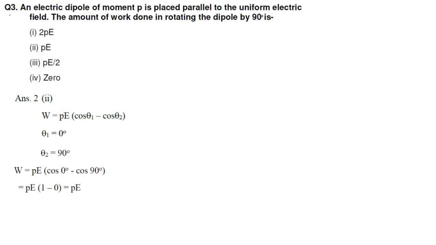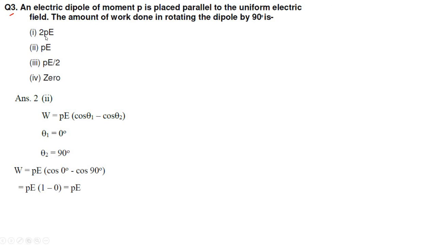Question number 3. An electric dipole of moment P is placed parallel to the uniform electric field. The amount of work done in rotating the dipole by 90 degrees is: option 1, 2PE; option 2, PE; option 3, PE by 2; option 4, 0.